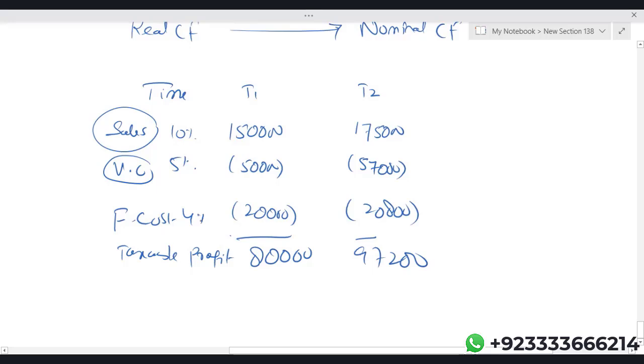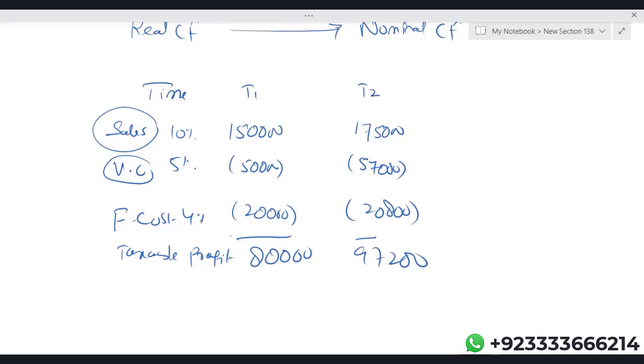You have calculated taxable profit in nominal terms. Then you will calculate the tax payment, then the tax saving from capital allowances will be added, we get net cash flows, and so on. Let's assume you have already calculated the NPV in nominal terms, and the project has a life of 2 years. I just want to tell you one thing.